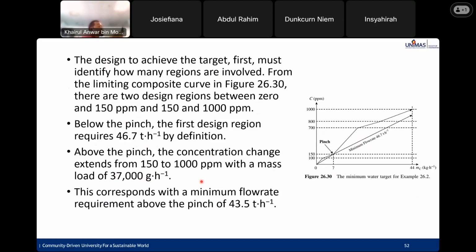The 37,000 comes from 44 divide, oh sorry, 44 minus 7. This corresponds with the minimum flow rate requirement above the pinch of 43.5. So 43.5 is obtained by dividing 37,000 by (1,000 minus 150), which is 43.52.